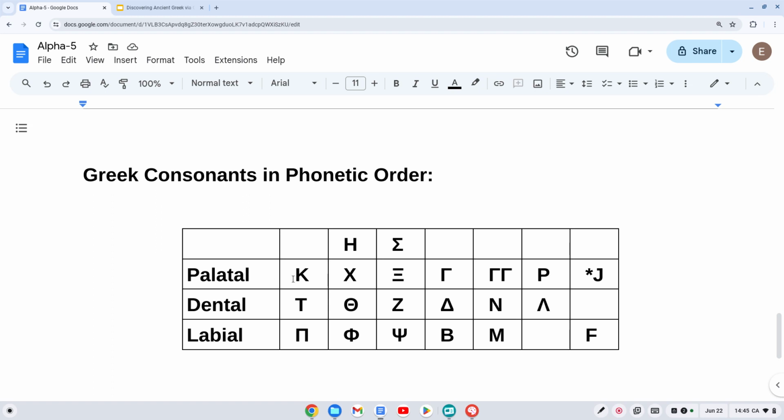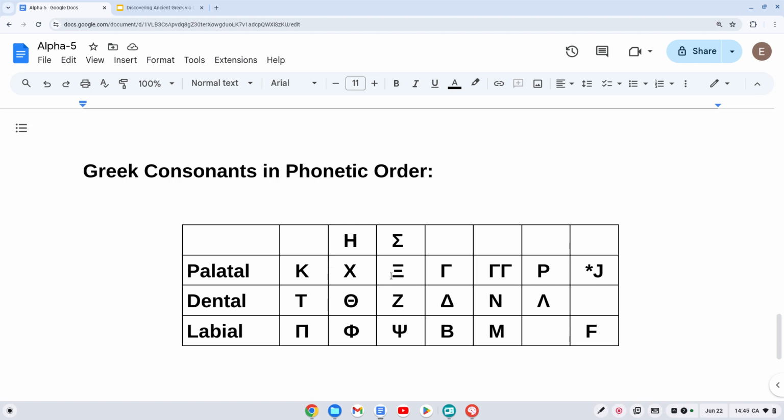So k, kappa, k. And if you add the H sound to it, you get the ki. And if you add the sigma, the S sound to it, you get ks, like the English X.